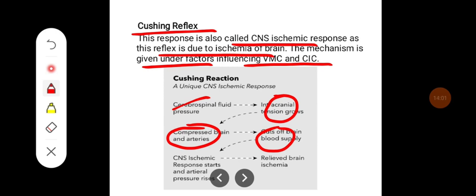That is going to lead to CNS ischemic response, and so cardio vasomotor centers are directly stimulated by hypoxia, which tries to increase the blood pressure.